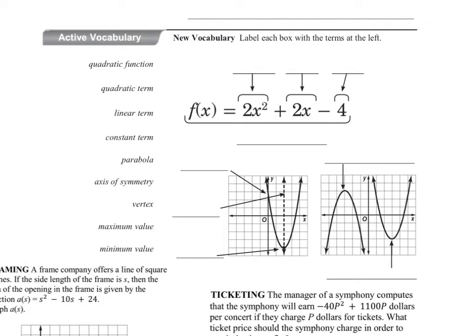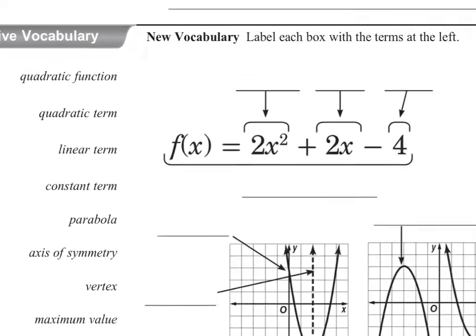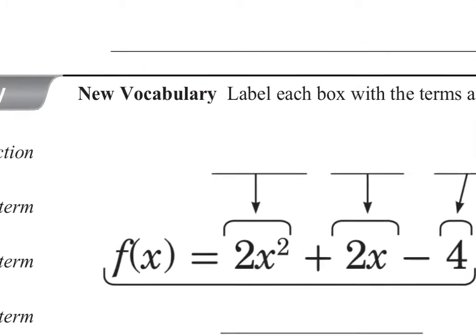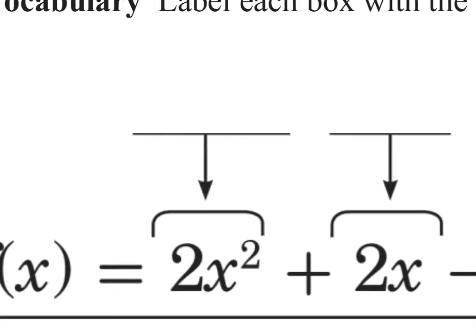So along with quadratics comes new vocabulary, or applying old vocabulary, to a new concept here. Quadratic functions are going to have up to 3 pieces here. When you see that exponent of 2, that's going to let you know that that is the quadratic term. So in order for something to be a quadratic function, it must have an x squared as its highest exponent with x.